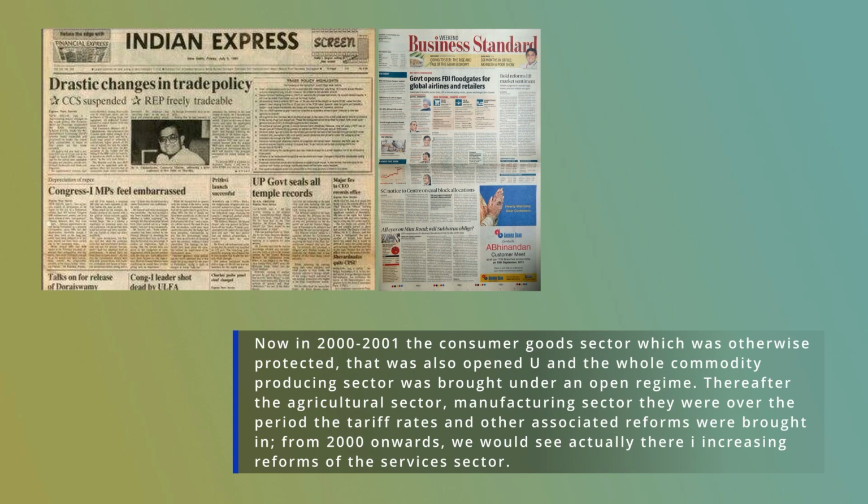Thereafter, in the agricultural sector and manufacturing sector, over the period, the tariff rates and other associated reforms were brought in. From 2000 onwards, we would see increasing reforms of the services sector.